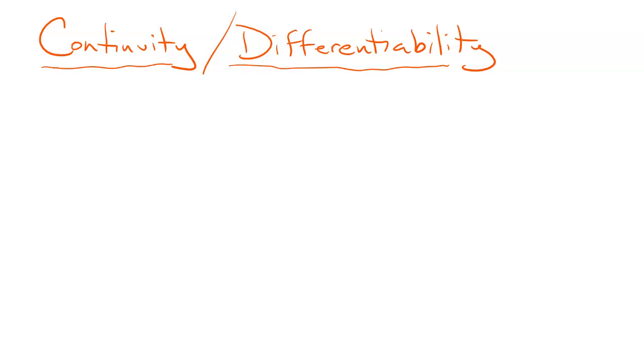Okay, continuity and differentiability, how they are related. Differentiability, as a reminder, is another word for derivative or slope.